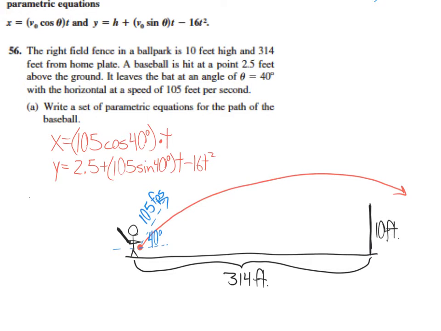We can now say, when will it be 314 feet away horizontally? So we would set x equal to 314, and that equals 105 times the cosine of 40 times t. And you divide by 105 cosine of 40 and you get t equal to what?